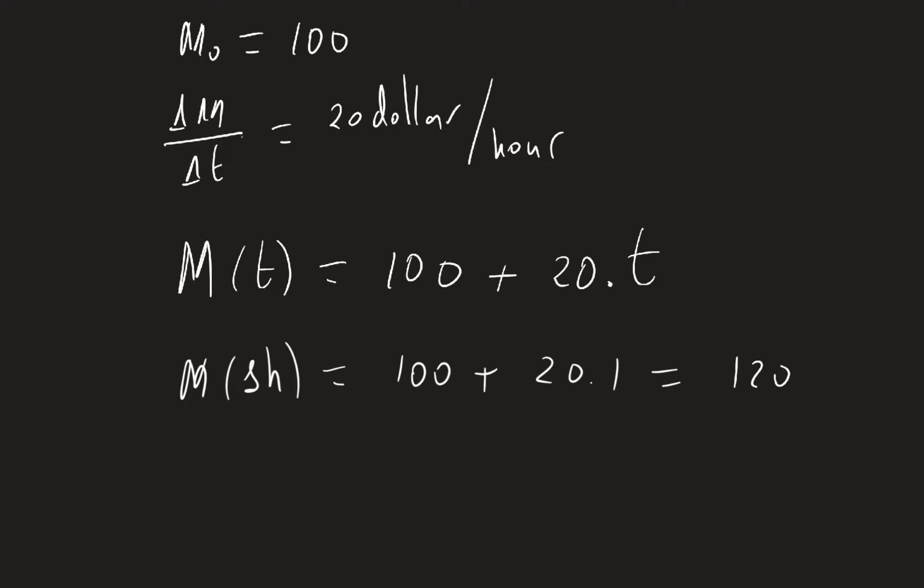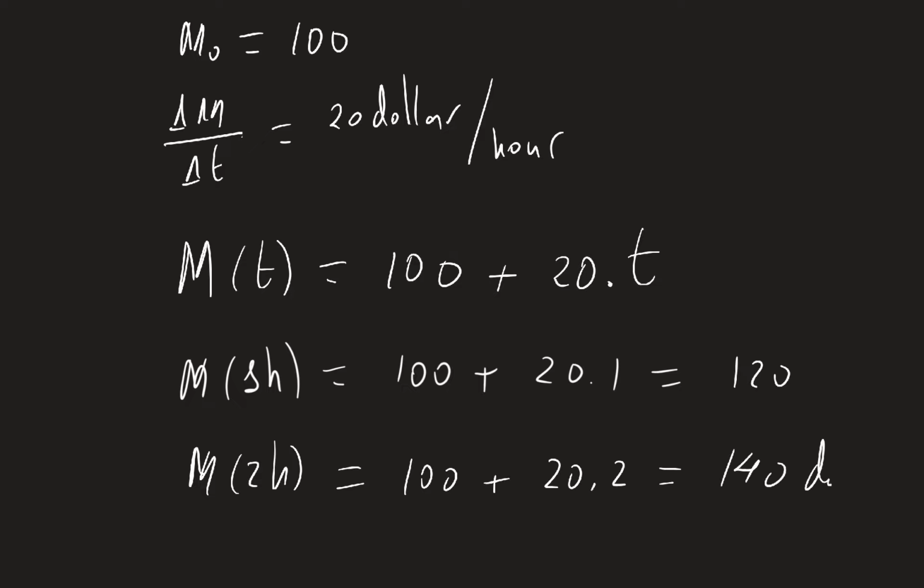This is 120, it's correct. Your money at 2 hours will be 100 plus 20 times 2, which is $140. So your money is increasing at a rate of $20 per hour.